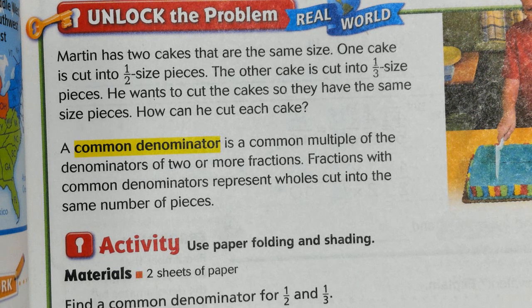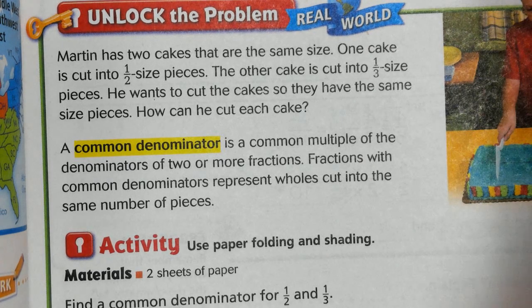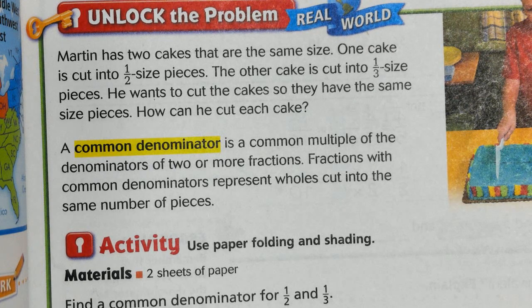I want you to take your first piece of paper. All right, Martin has 2 cakes that are the same size. So you should have 2 blank pieces of paper on your desk. One cake is cut into 1/2 size pieces. The other cake is cut into 1/3 size pieces.